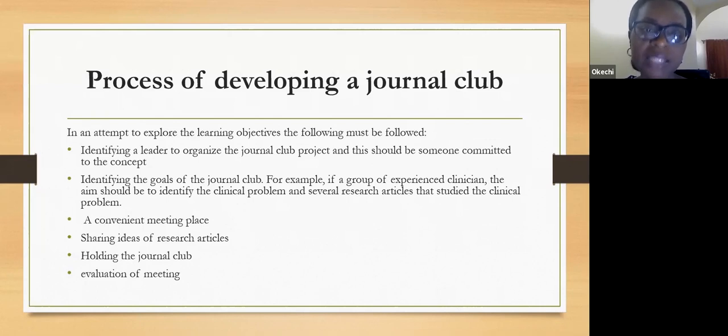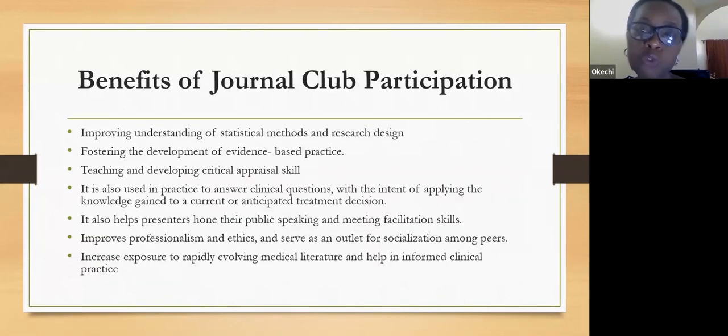Then a convenient meeting place must be kept. Then ideas of research articles around that same interest area will be used. Then the journal club will now be held. At the end of it, the meeting will be evaluated to find out if the meeting was able to meet with the expectations.